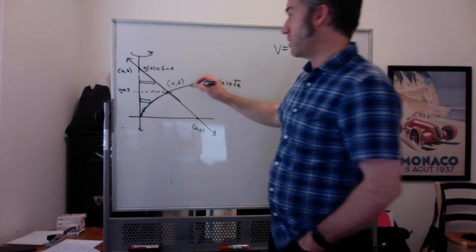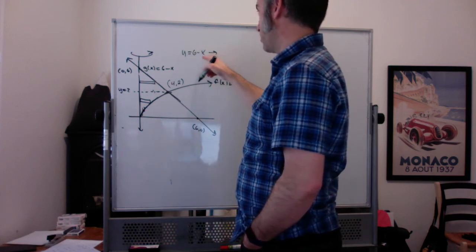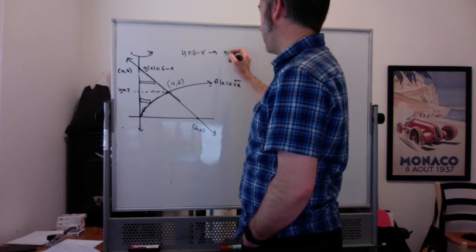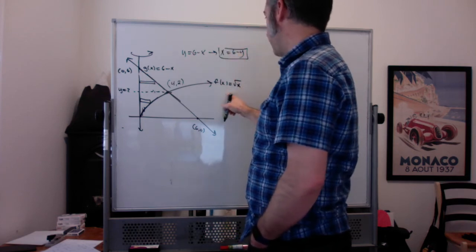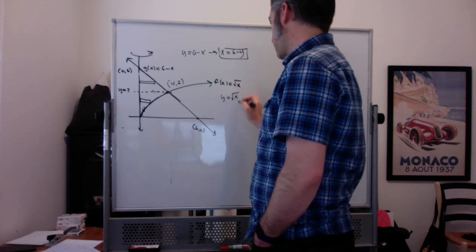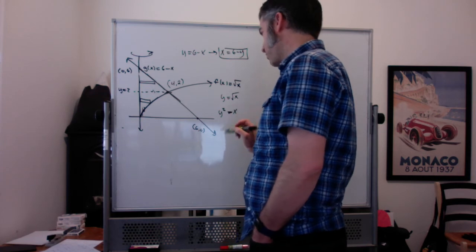We do need to solve these, so this y equal to 6 minus x becomes, if I solve for x, if I add x and subtract y, it becomes x equal to 6 minus y. And this f of x, this y equal to the square root of x, if I square both sides, becomes x equal to y squared.